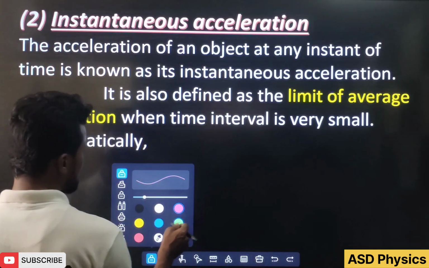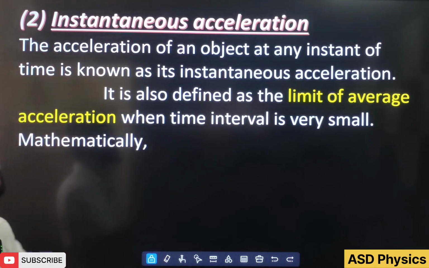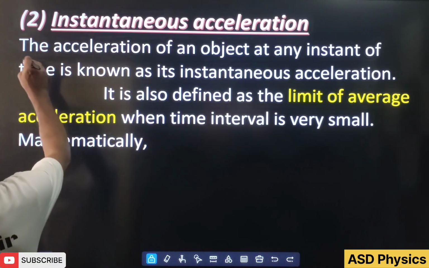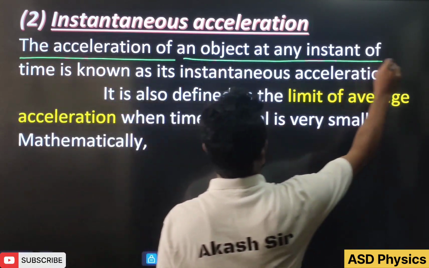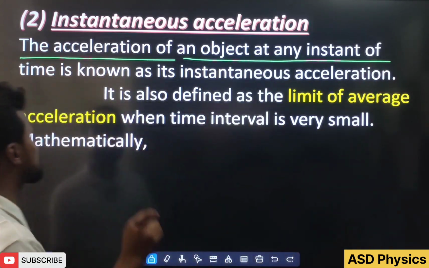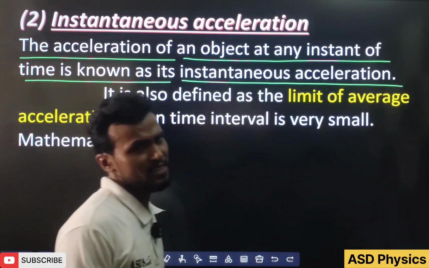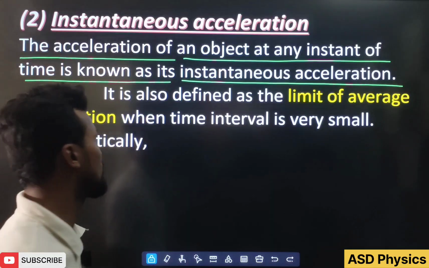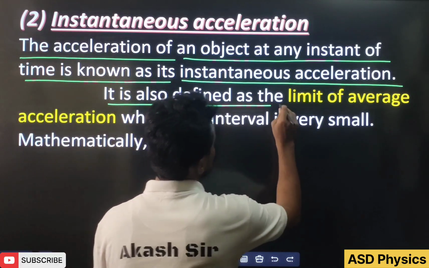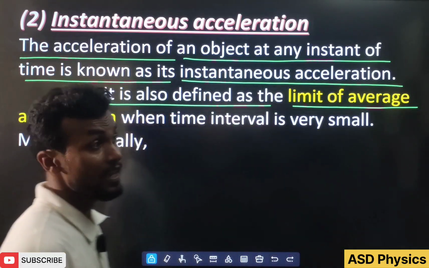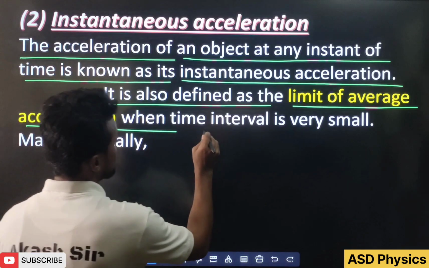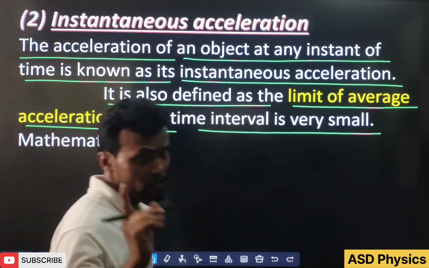Now the instantaneous acceleration. The acceleration of an object at any instant of time is known as its instantaneous acceleration, just like the previous definition. Another way, it is also defined as the limit of average acceleration when the time interval is very, very small.